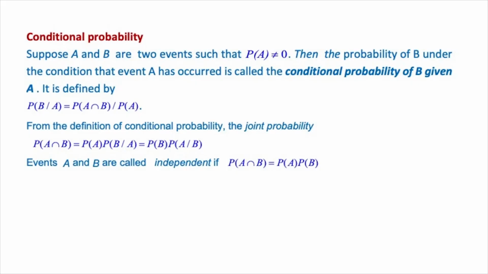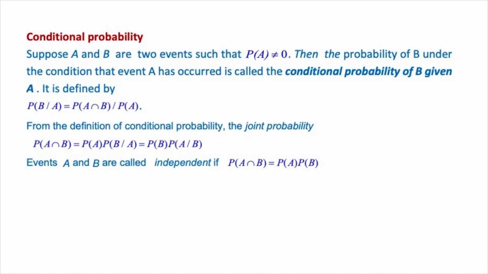Suppose A and B are two events such that P(A) is not equal to 0. Then the probability of B under the condition that event A has occurred is called the conditional probability of B given A. It is defined by P(B given A) equal to P(A intersection B) divided by P(A).